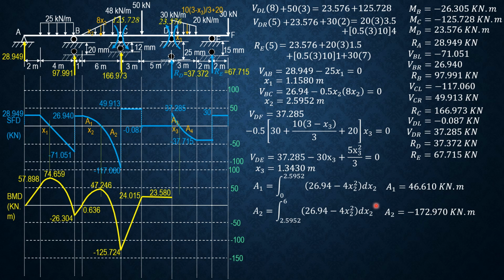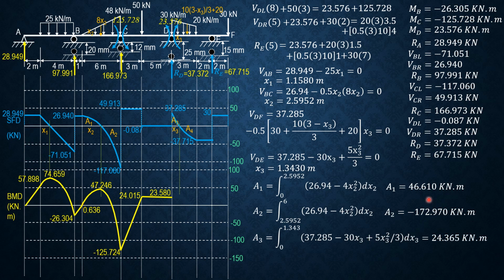So area 1 is equal to 46.610 kilonewton meter. Area 2 is the same integral, limits 2.5952 to 6, same shear equation, and area 2 is equal to negative 172.970 kilonewton meter.